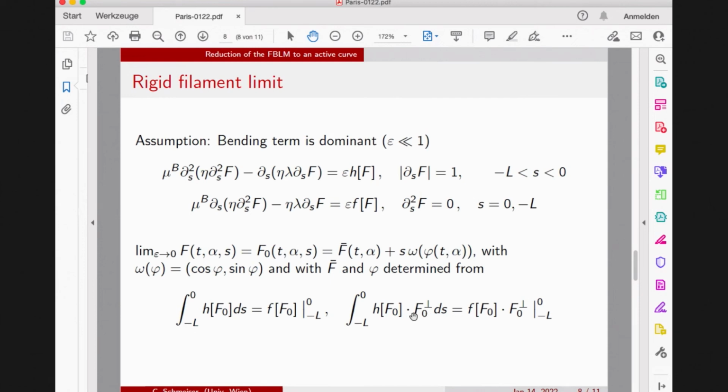And by doing these operations on the equations and then passing to the limits, you get a vector equation here, a scalar equation here, and these are the equations which determine these parameters, f r, which is a vector, and the angle phi. Okay, so that is a way to simplify the model a lot. The s is completely gone, and we only have to go around, and that is what I mean by going to an active curve.